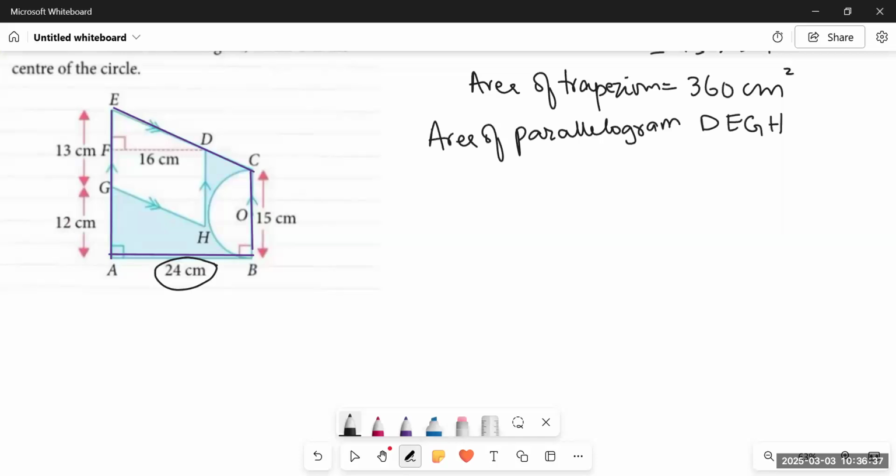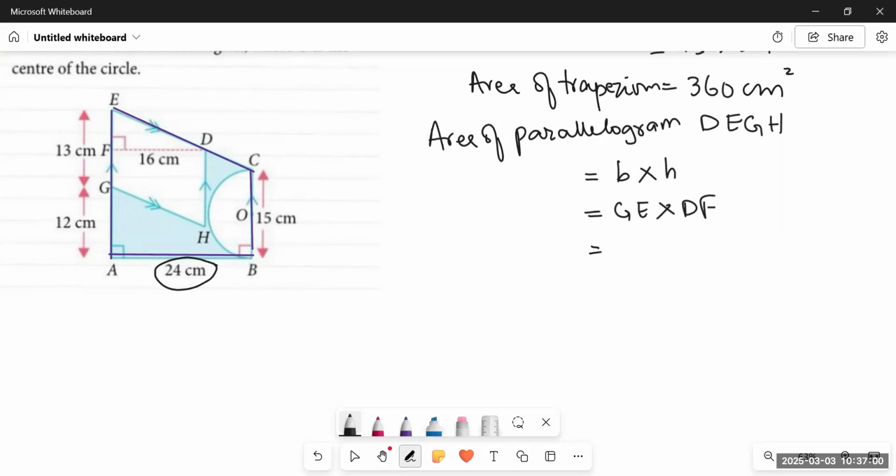So what's the formula for finding the area of the parallelogram? It's simple. Base multiplied by height. Since the height is given from F to D, we will take the base from G to E. So the base is GE and the height is DF.